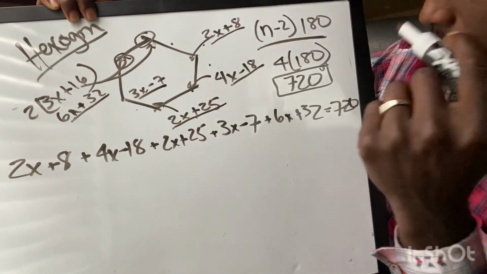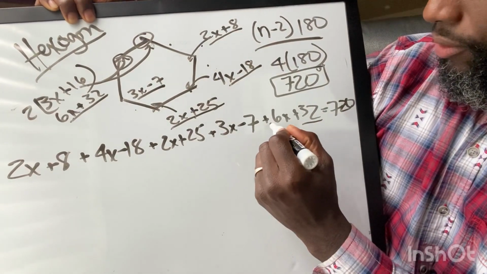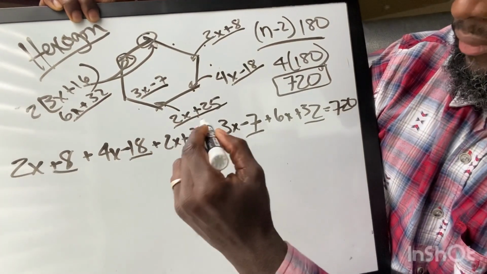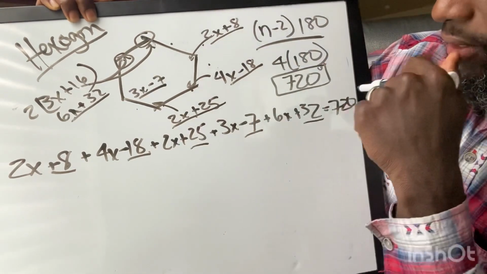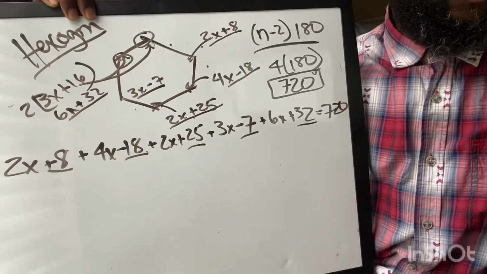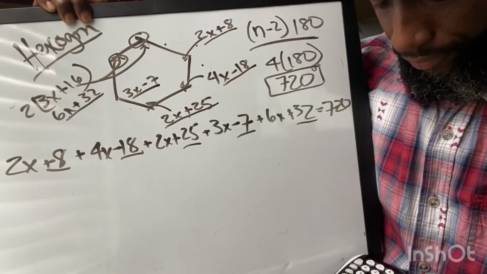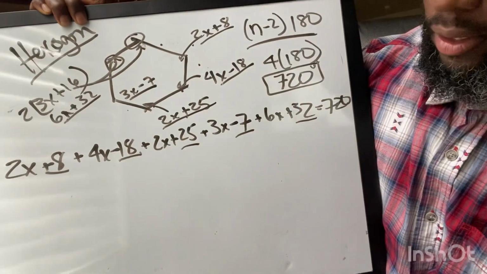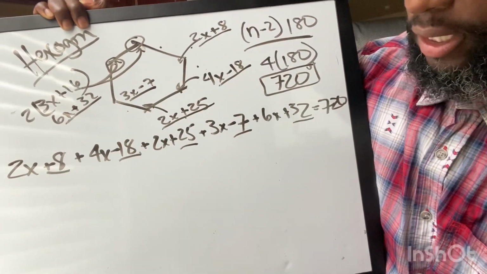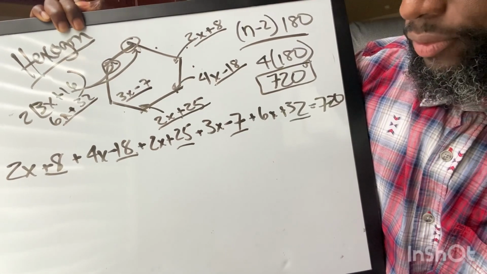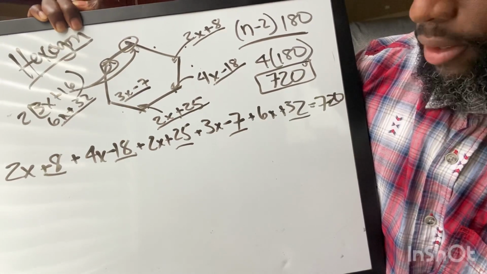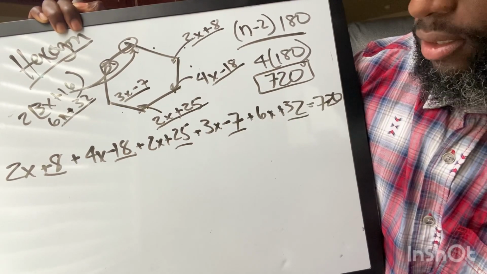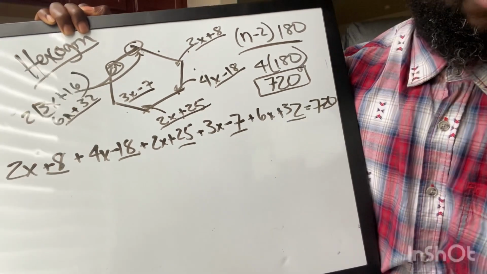Let's combine like terms. So we got 32, negative 7, 25, negative 18, and 8. Let's add them first. We'll use the trusty dusty calculator, just for the sake of time. So 32 minus 7 plus 25 minus 18 plus 8 is 40.